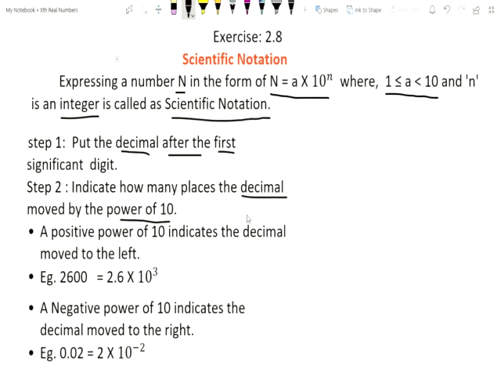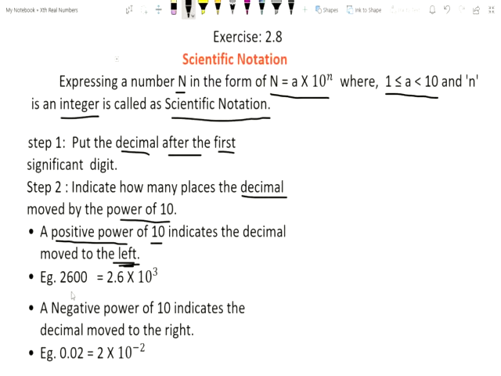A positive power of 10 indicates the decimal moved to the left.